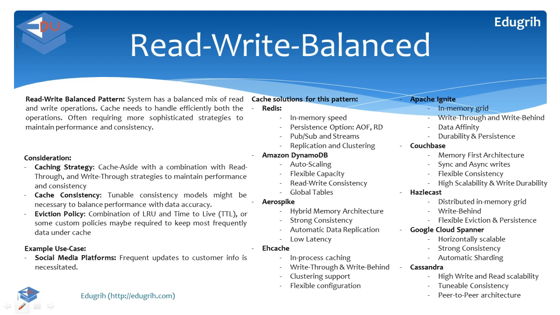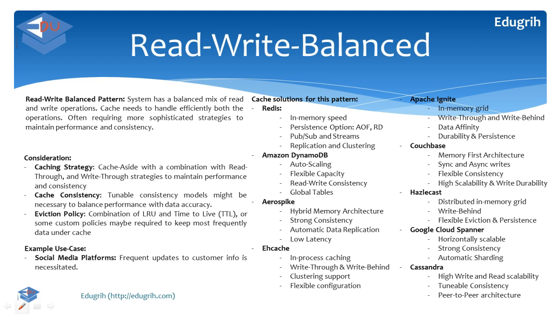Example use case can be social media platforms. Frequent updates from a particular user as well as reads from the same user may be initiated. So a combination of read-write balance pattern. Caching solutions for this pattern can be Redis because of its in-memory speed, persistence option, pub/sub, and streams.